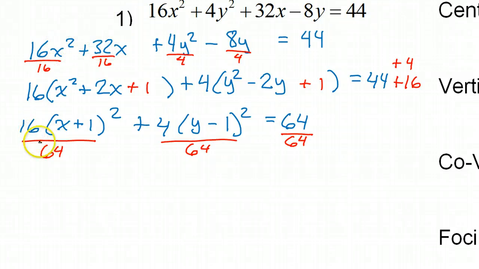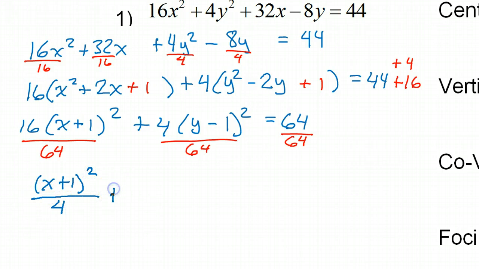Now 16 goes into 64 4 times. So this is going to be x plus 1 squared over 4. And of course it works the other way too. 4 goes into 64 16 times. So I'll have the 16 and my y minus 1 squared equals 1.